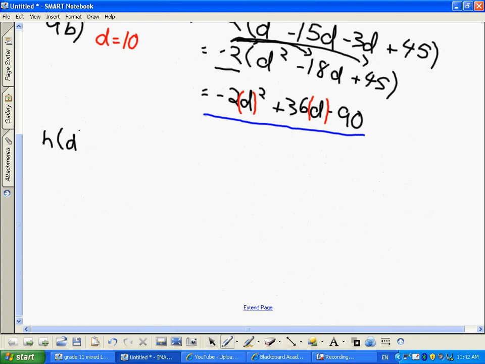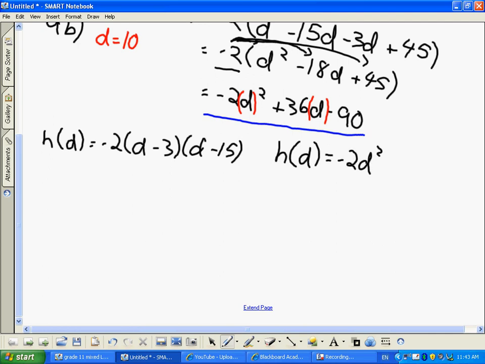H of D equals -2(D - 3)(D - 15), and our other equation is H of D equals the expanded form. We're going to call this equation number 1, and this is my equation number 2.